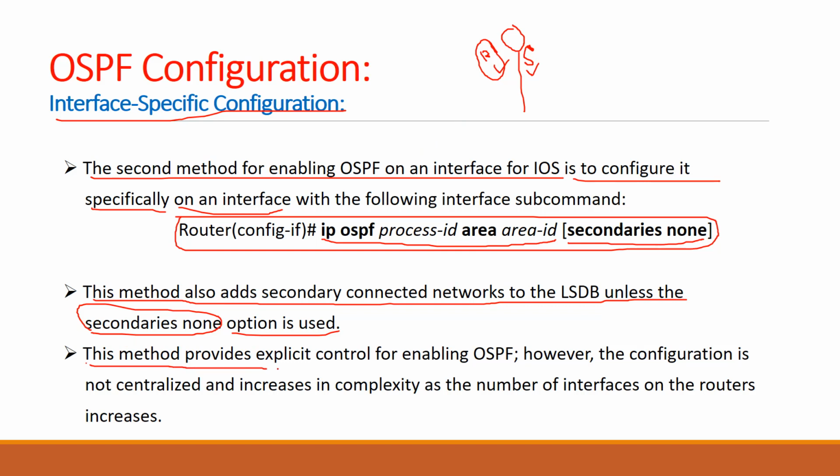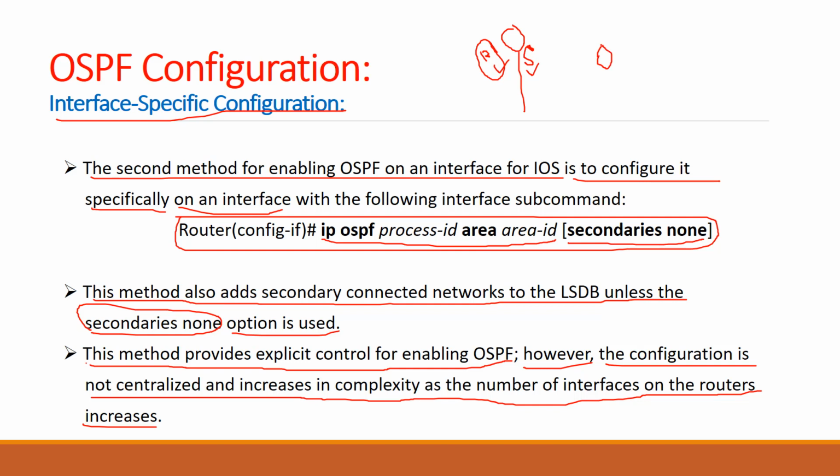This method provides explicit control for enabling OSPF. However, the configuration is not centralized and increases in complexity as the number of interfaces on the router increases. Let's assume that we have a router with 15 interfaces and you are enabling OSPF using interface-specific configuration. You will have to type 15 commands like this, one for each specific interface. So this increases the complexity.